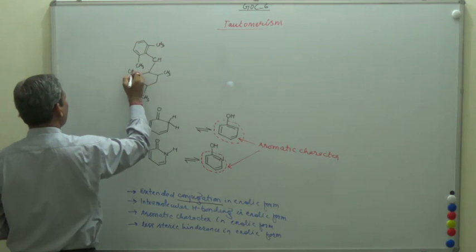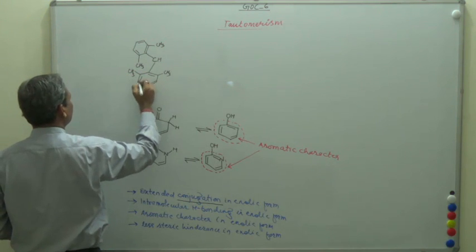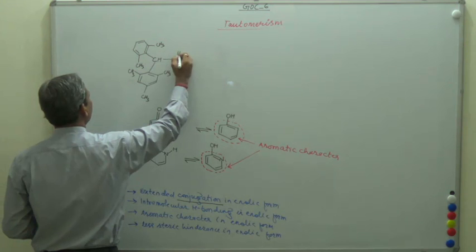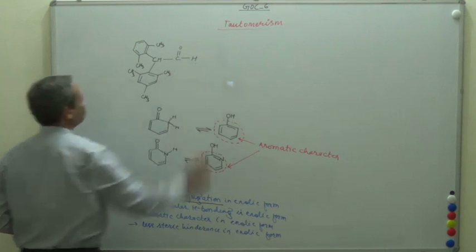Steric hindrance means crowding around an atom due to the presence of some bulkier groups.